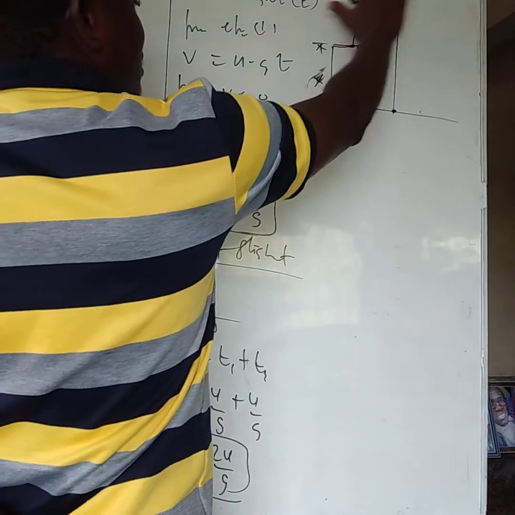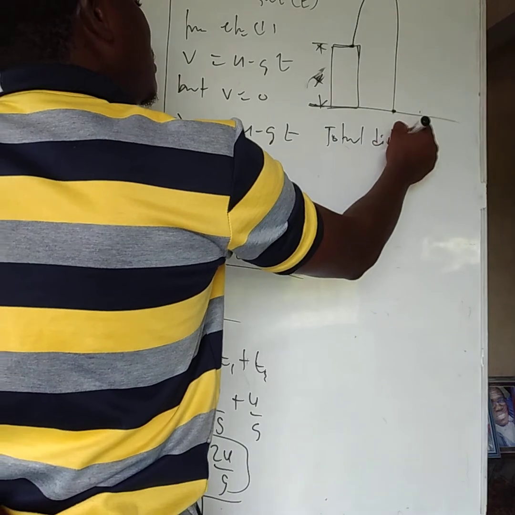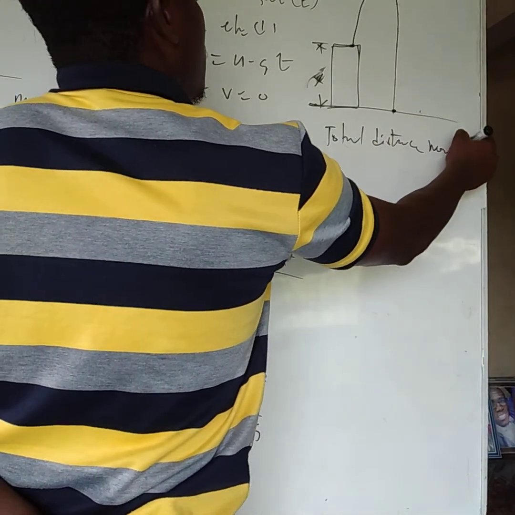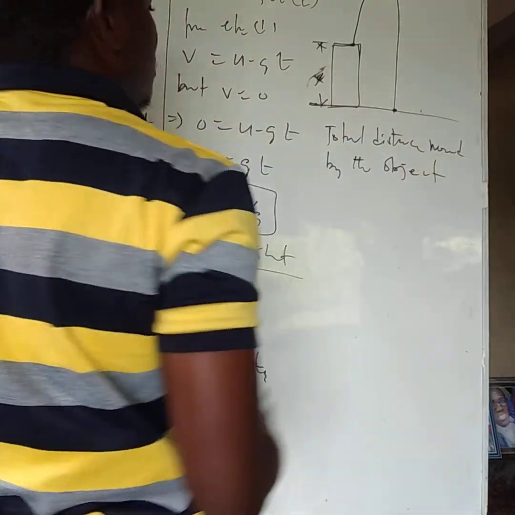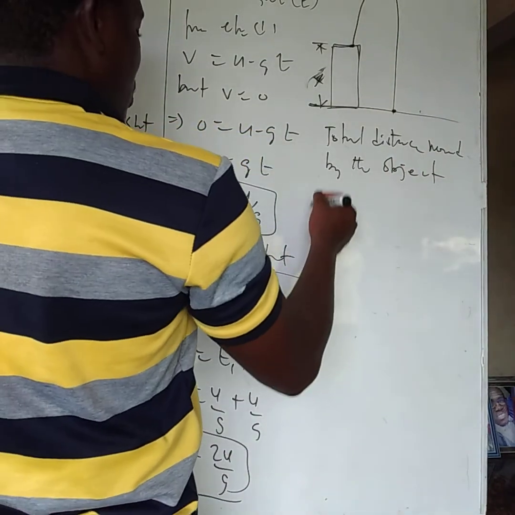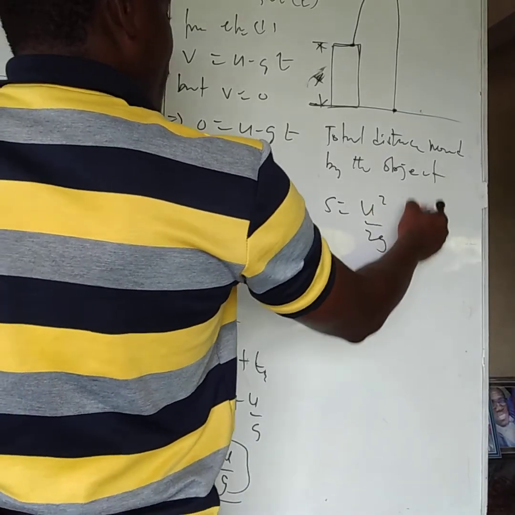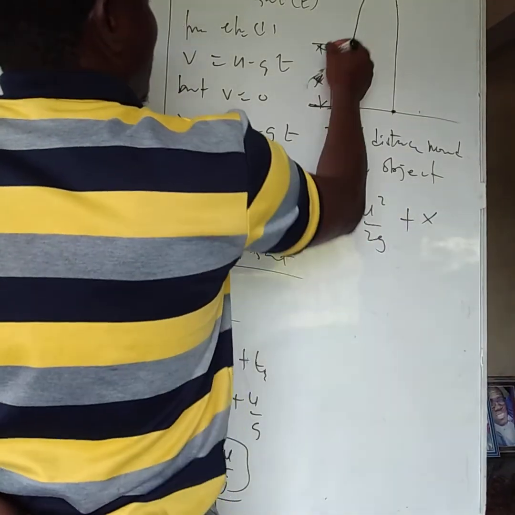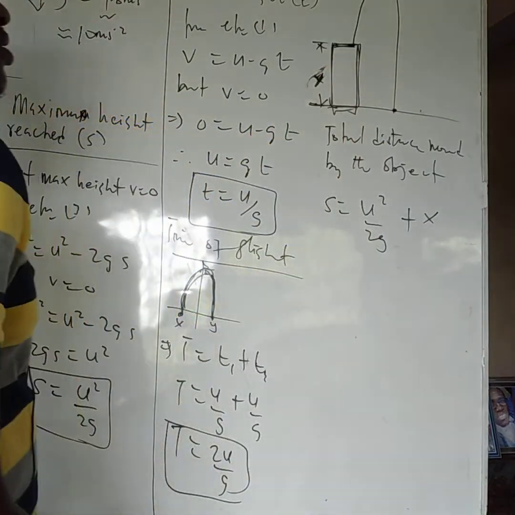Okay, so for such a situation, if you want to calculate the total distance moved by the object, then you are going to have s equal to u squared all over 2g, plus x, where x represents a distance.